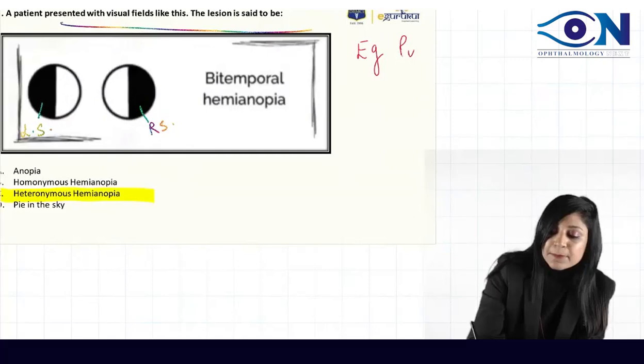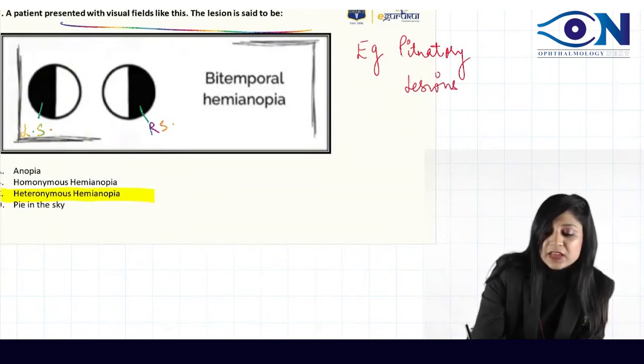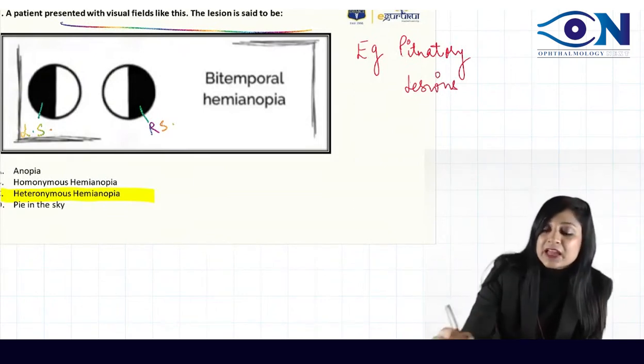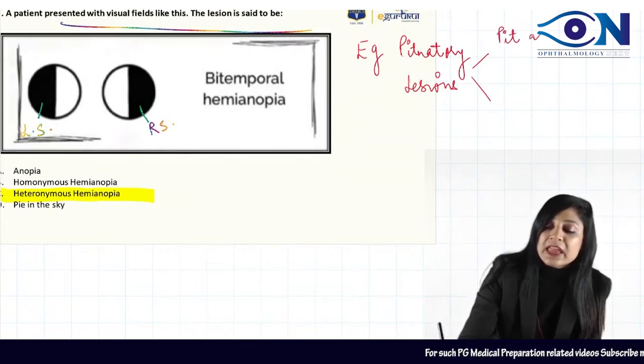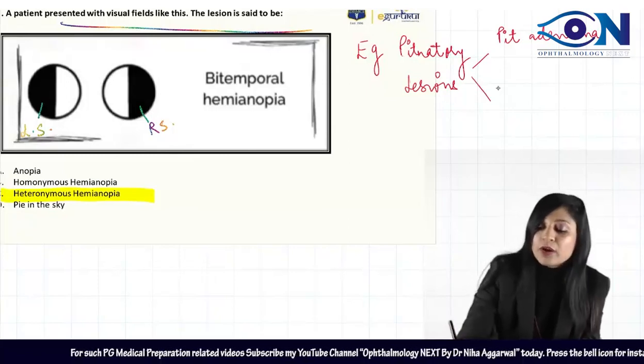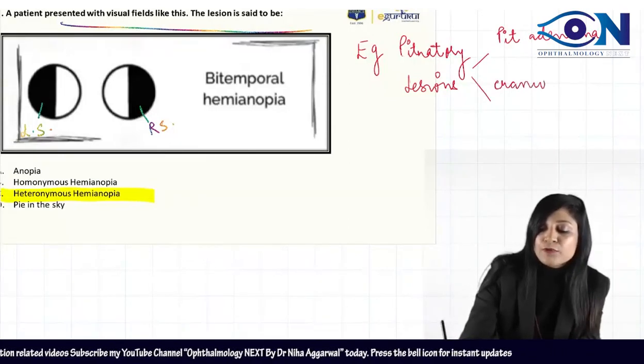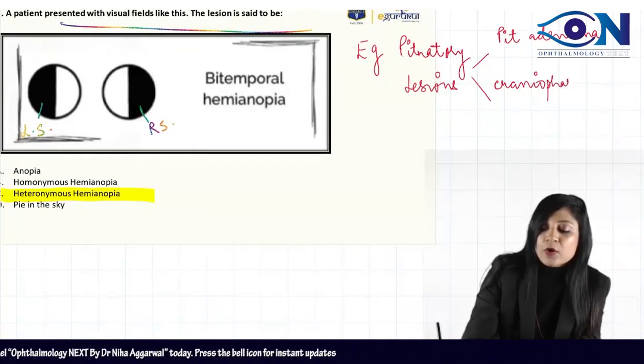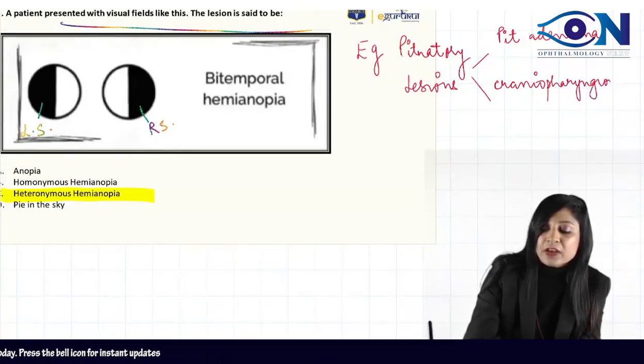It is the pituitary lesions. Whenever we are having the pituitary lesions, we can have the optic chiasma involved. Example में you can have the pituitary adenoma, or we can also have the craniopharyngioma.